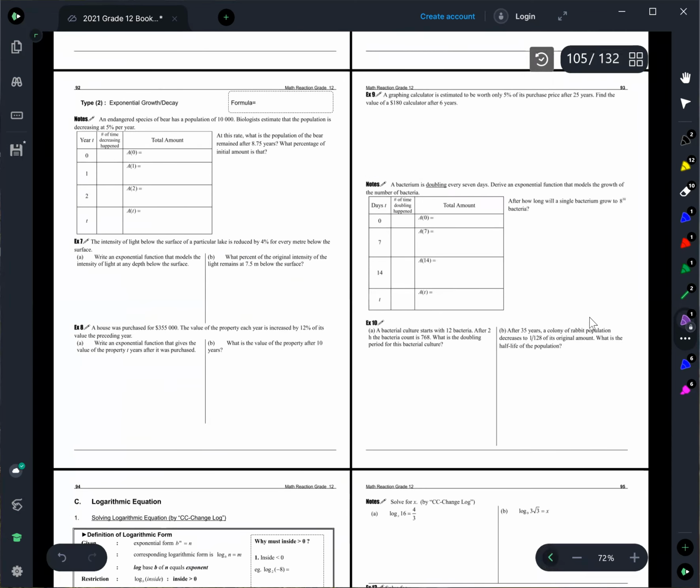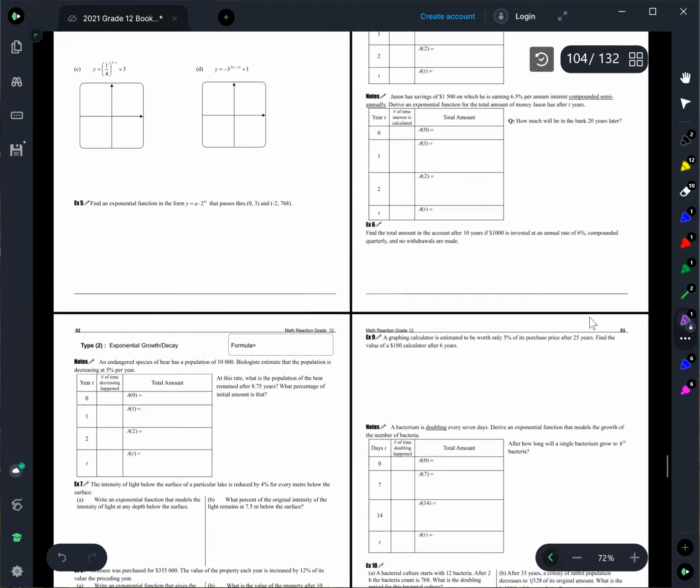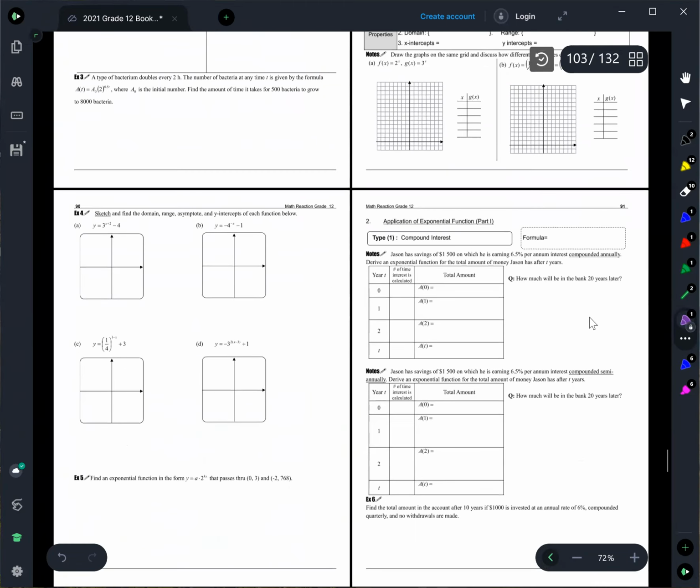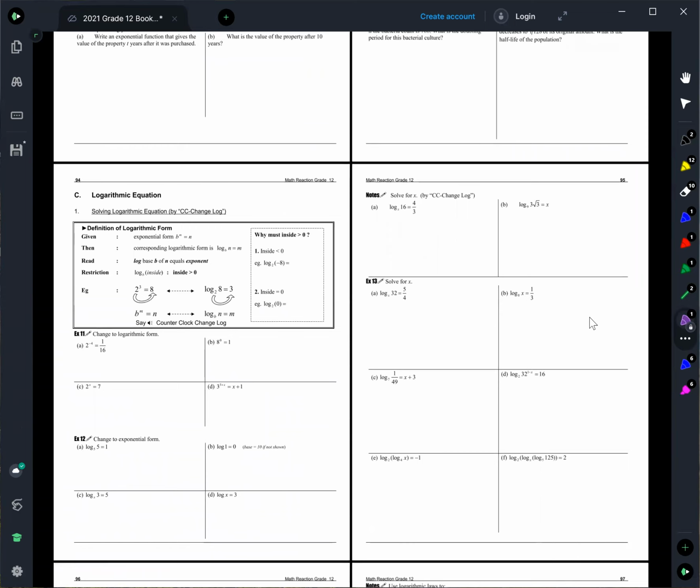Or representing anything that's slowing down, getting less, decreasing. So 2 parts, okay? One is function, one is equation for the exponent. And then we'll be introduced to the logarithm, to learn what log does.